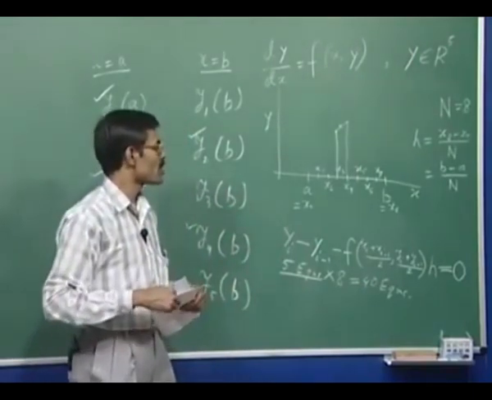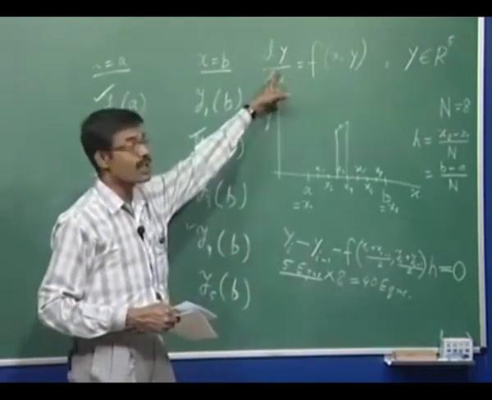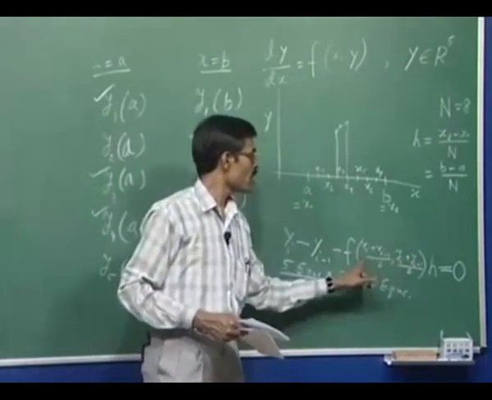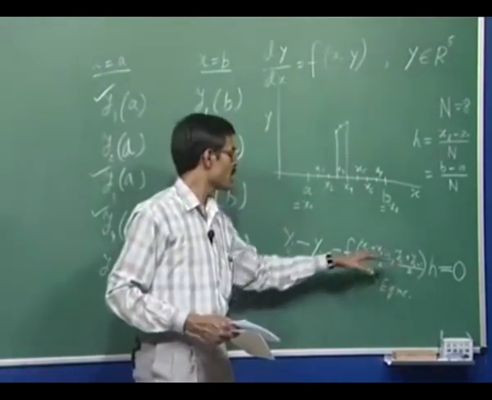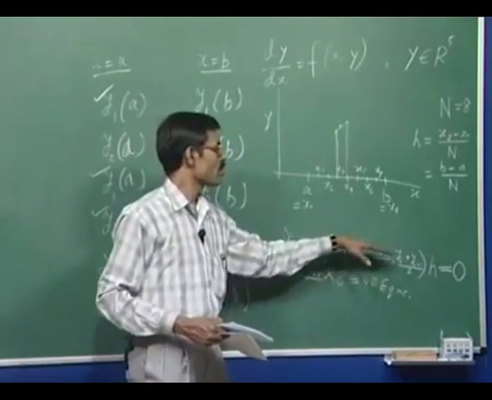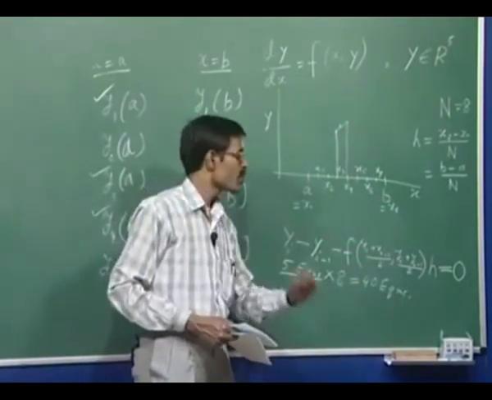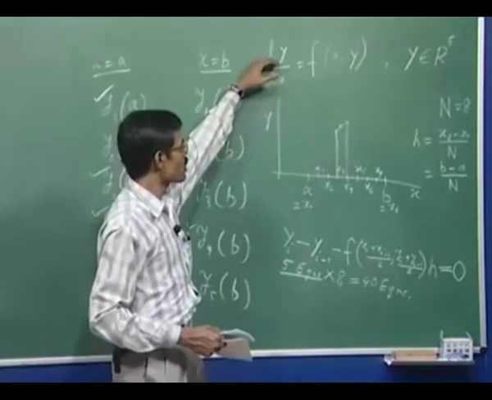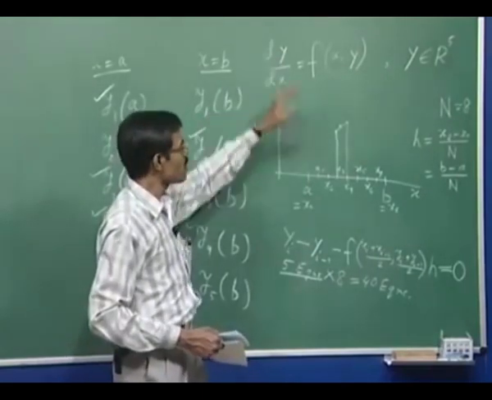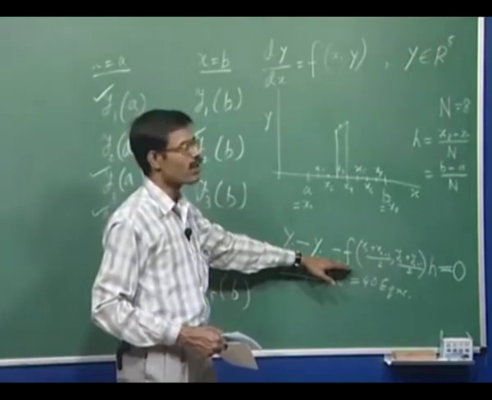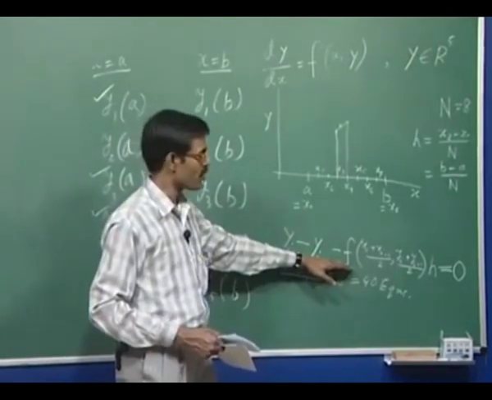Now, there are 2 issues. If the differential equation is linear, then this will be a linear function of y, and that means that the system of equations that you get from here will be a linear system of equations. On the other hand, if the differential equation is non-linear, then you will get a non-linear system of equations, and for solving them iterations will be necessary.